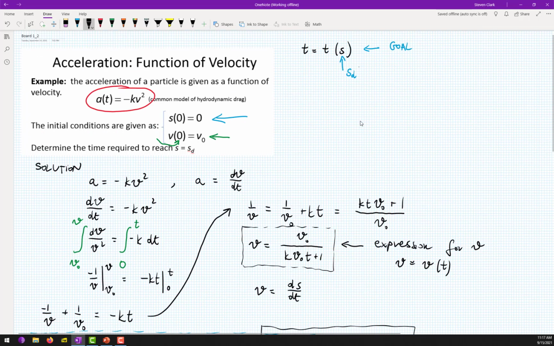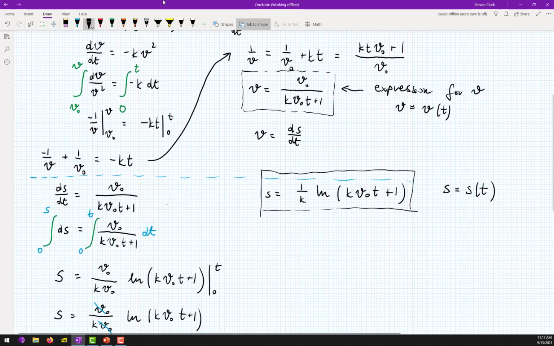Because they ask us to do something opposite, to find an inverse function. So they would like us to go for time expressed as a function of position. Okay, so let's do it quickly. We will basically have ks is equal to natural log of (k v0 t plus 1).